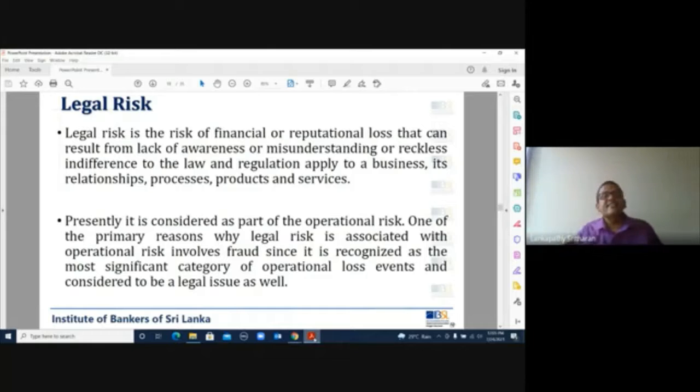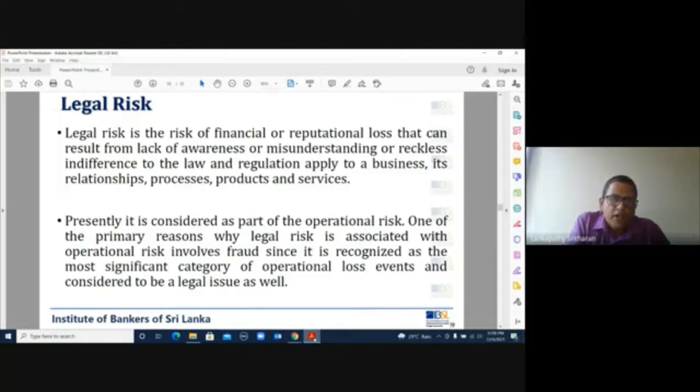The legal risk is the risk of financial or reputational loss that can result from lack of awareness or misunderstanding or reckless indifference to the laws and regulations applied to the business, its relationships, and the process of products and services. That is called legal risk. Because of lack of awareness or misconduct, they are exposed to some sort of risk.